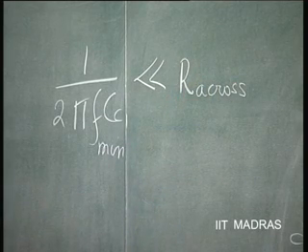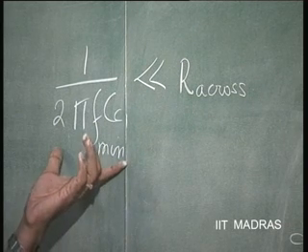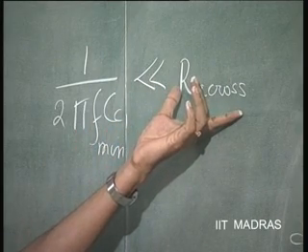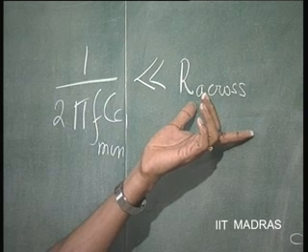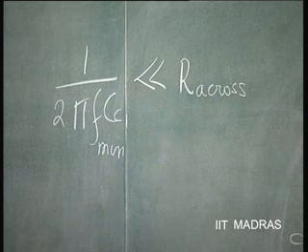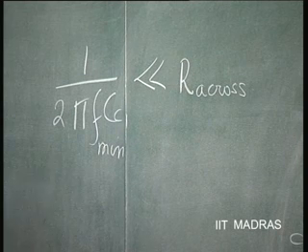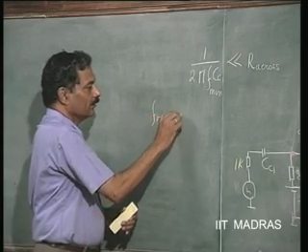This is the basic design rule. When we say much less, we will say 1/10. The short circuit means the resistance offered by these reactances should be 1/10 the resistance seen by these reactances. Right. Now, let us find out in each of these cases what this resistance is going to be. Let us assume that F minimum is 200 hertz.